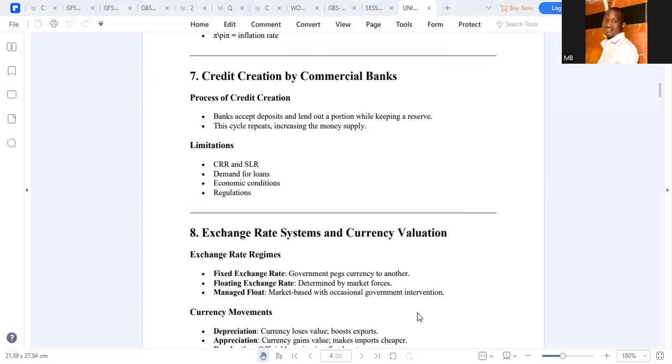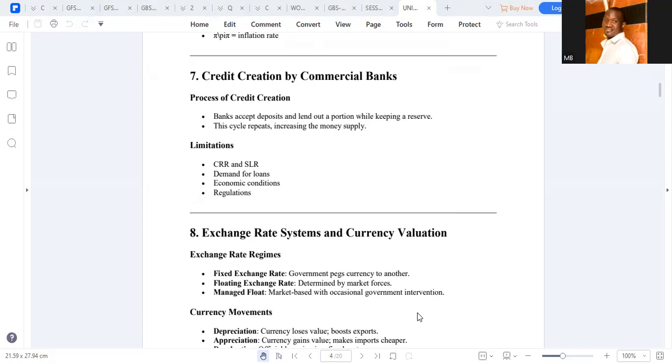So let's go now to exchange rate systems. Exchange rate systems have regimes. There's what we call the fixed exchange rate, the floating exchange rate, and the managed float, which is also called the dirty float. With the fixed exchange rate, the government or central bank will peg the domestic currency to another major currency like the US dollar to maintain a constant value.